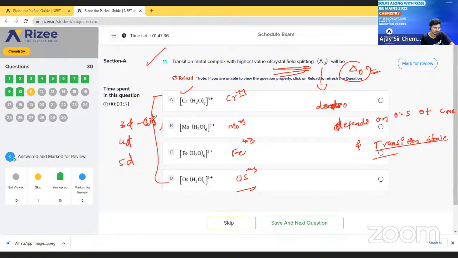Molybdenum belongs to 4D. Iron also belongs to 3D only. Chromium and iron are 3D, molybdenum belongs to the 4D series, and osmium belongs to the 5D series.